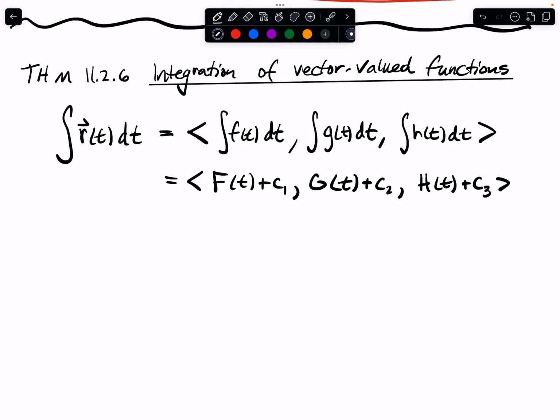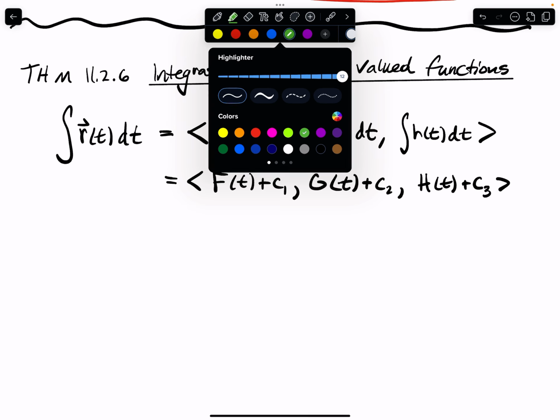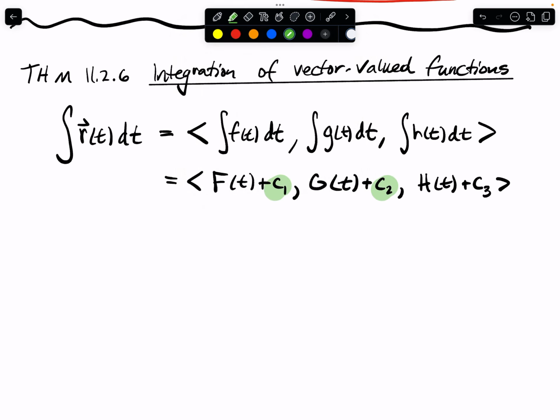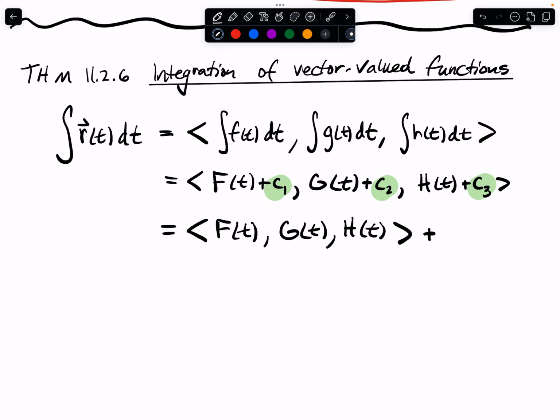Now, we're going to take care of this c1, c2, and c3 by making this vector f of t, comma, g of t, comma, h of t plus a vector c, where c is equal to c1 plus c2 plus c3. So using vector addition properties there to break that c out. Okay.